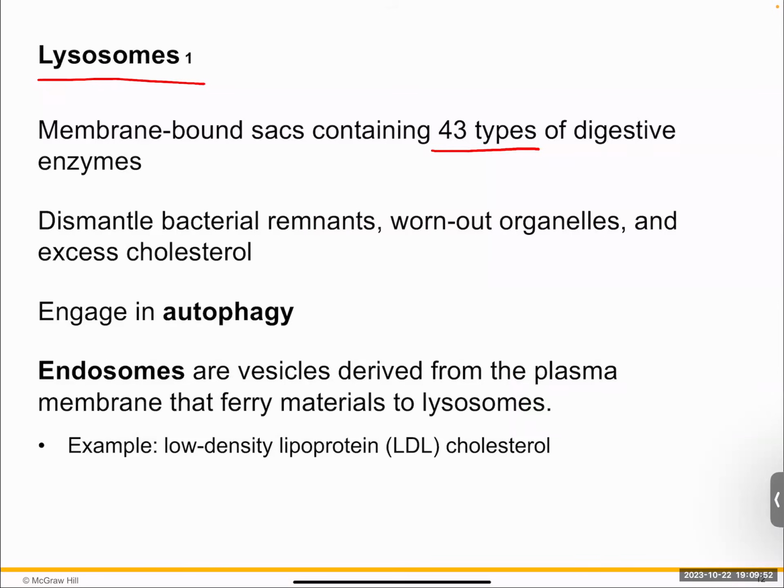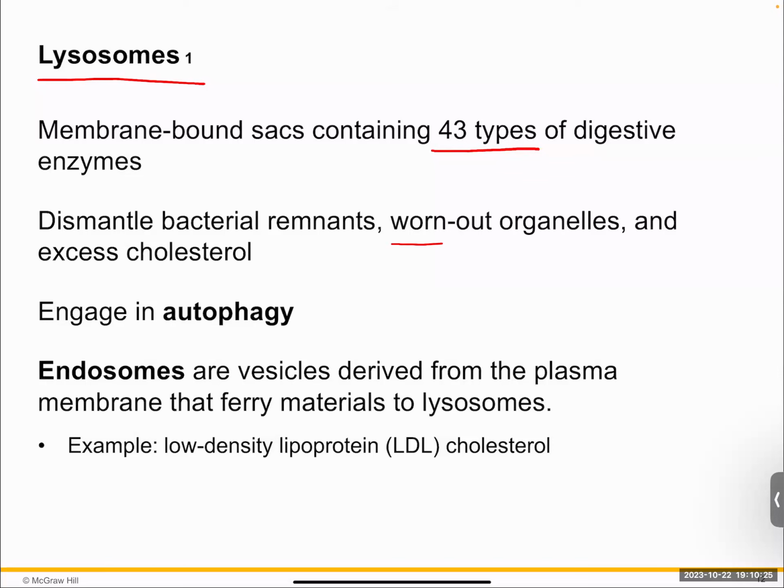So automatically think about this: if you have digestive enzymes, the goal of those enzymes will be to break down or digest something. So what does the lysosome do? The lysosome has the ability to dismantle bacterial remnants. If you have an infection and a bacteria has come inside your body, these cells have the ability to bring the fragments of the bacteria and literally digest or break them down.